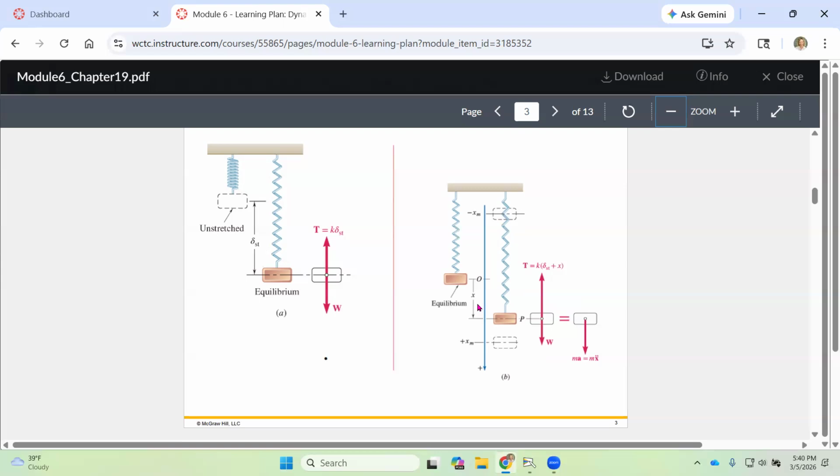So Y would probably be better, but they're really just using it in a generic sense of distance. Okay, so don't worry too much about the direction there. So an external load has been applied and is now pulling down on that block.